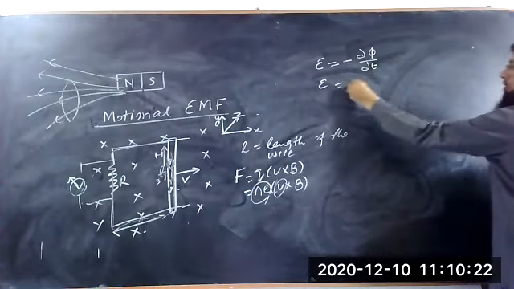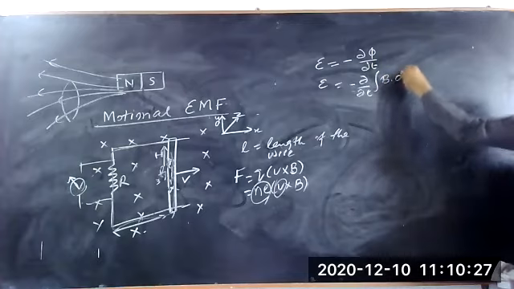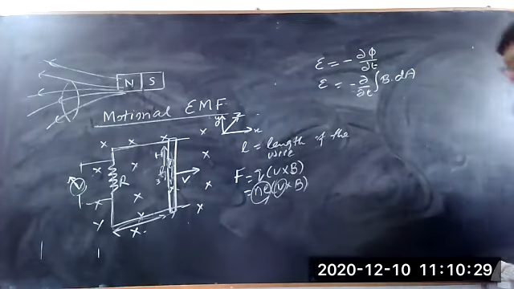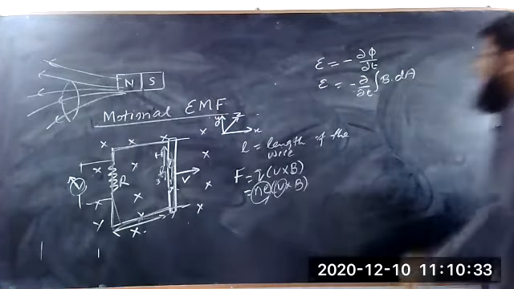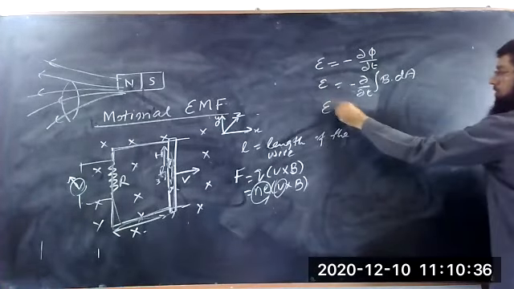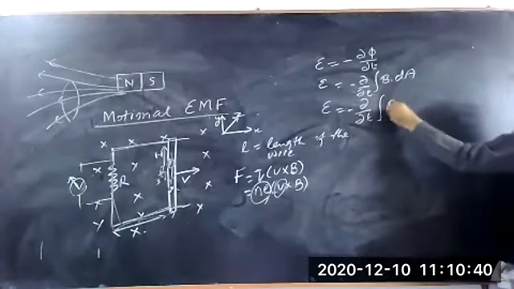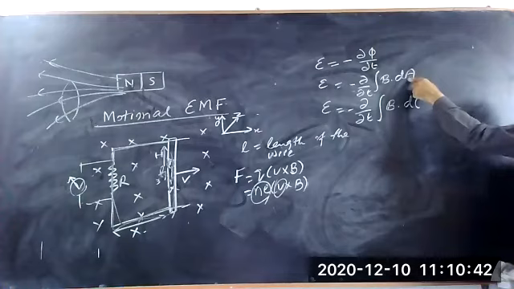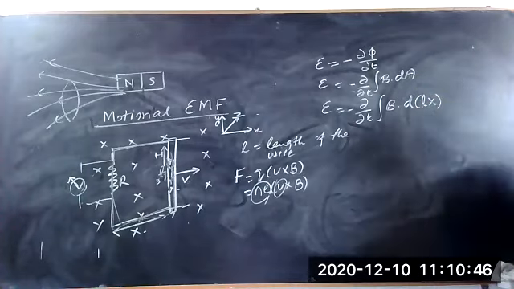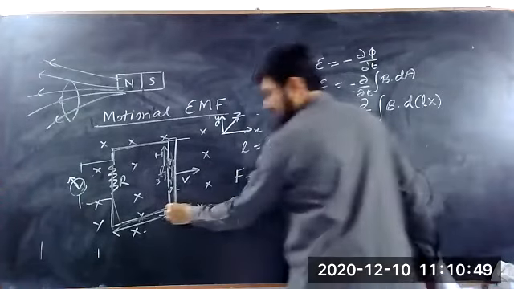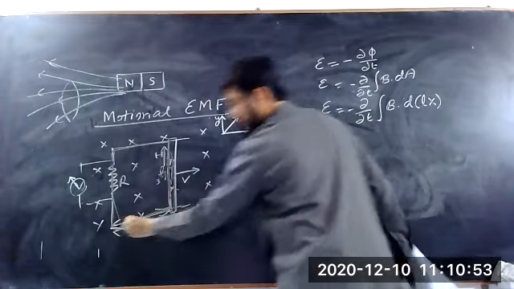Phi is equal to the integral of B dot dA, where dA is the area. So EMF is equal to minus d over dt of the integral of B dot dA, where the area is equal to the length L times the distance x. This is the length of the wire, and this is the distance x.